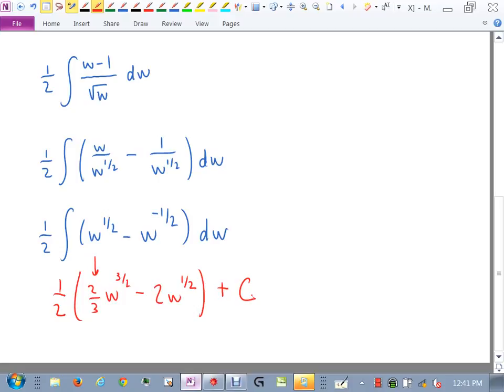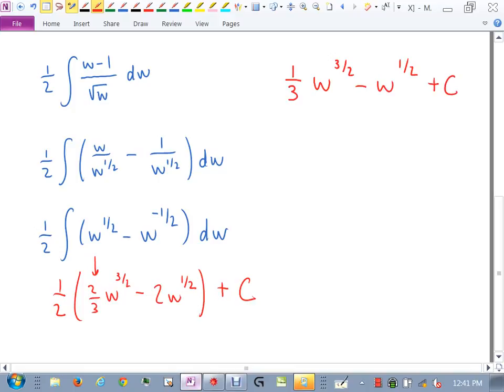Now let's multiply through. So we've got 1/3 w to the 3/2 minus w to the 1/2 plus c. But what's w? What's w? Go back and look. What was w? u plus 1 to the 3/2 minus u plus 1 to the 1/2 plus c.